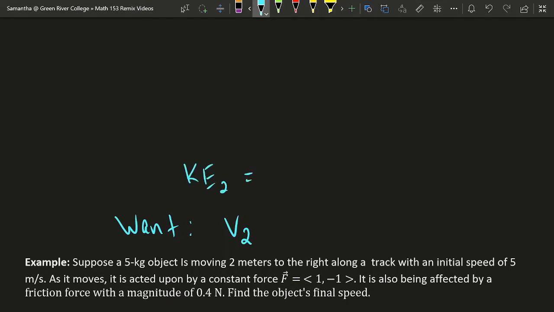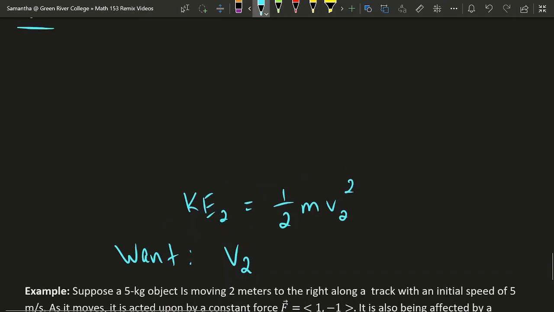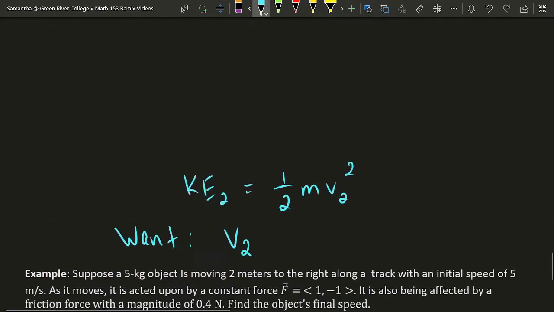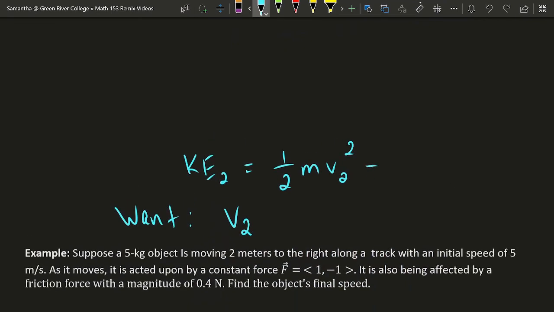I have a formula that says kinetic energy is equal to 1/2 mass times speed squared. And I know in this problem that the mass is 5, so I can fill in that blank. So 1/2 times 5, 5/2, v2 squared.